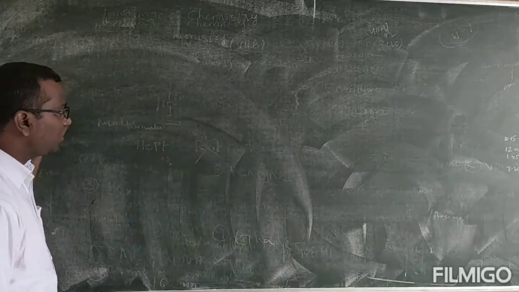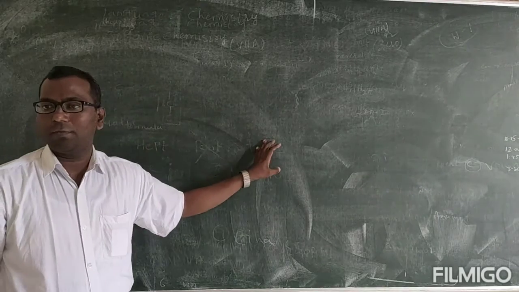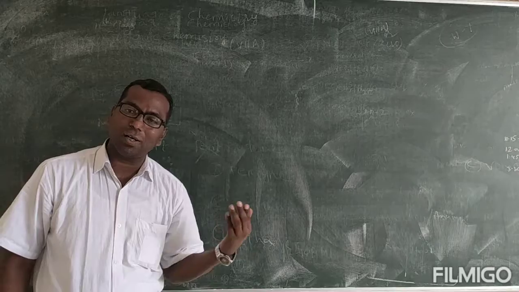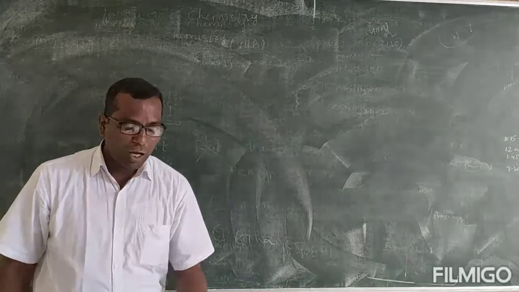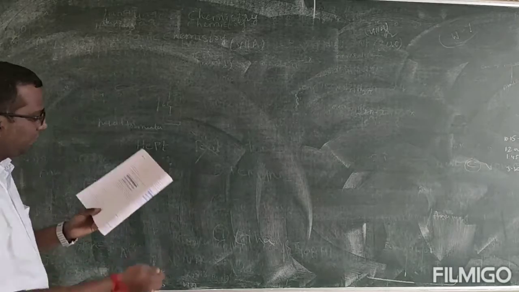So up to now you have seen how to write the root word. Now primary suffix means whether it is a single bond or double bond or a triple bond, how you are going to write that, we are going to see. A simple example.